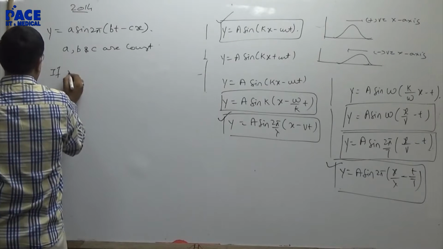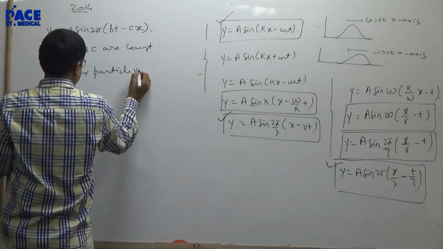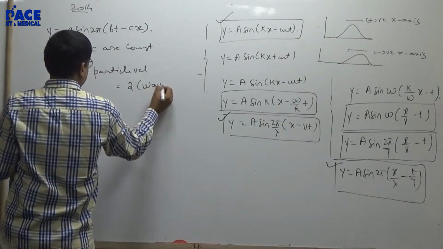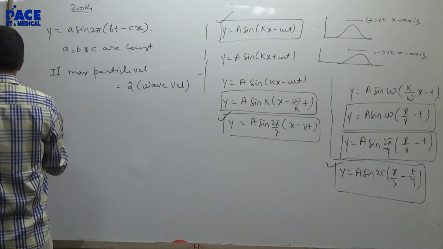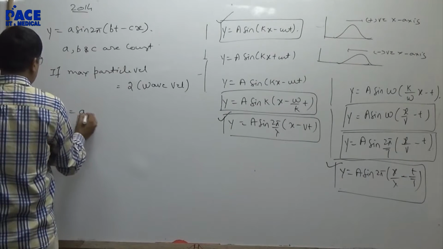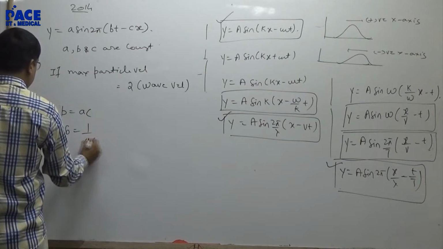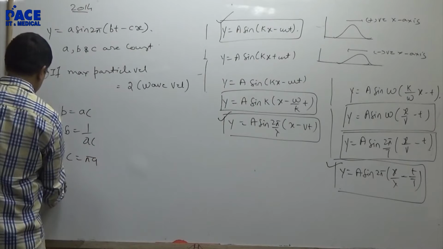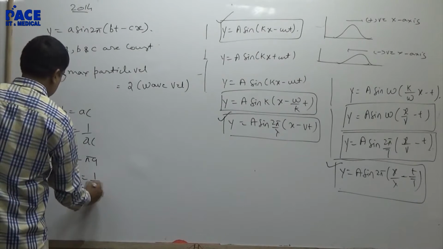If maximum particle velocity is twice the wave velocity, then first option B is equal to AC, second option B is equal to 1 by AC, third option C is equal to pi A, fourth option C is equal to 1 by pi.